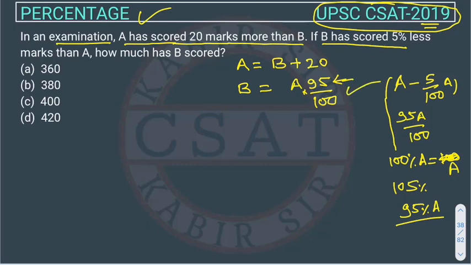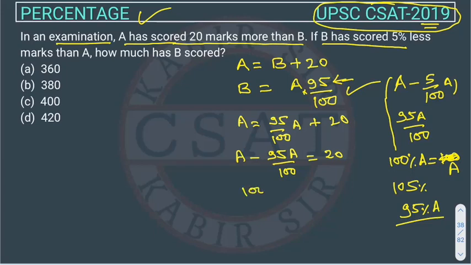Now put the value of B here. So it will become A is equal to 95 by 100 A plus 20. Now this A will go this side. So it will be A minus 95A upon 100 is equal to 20.